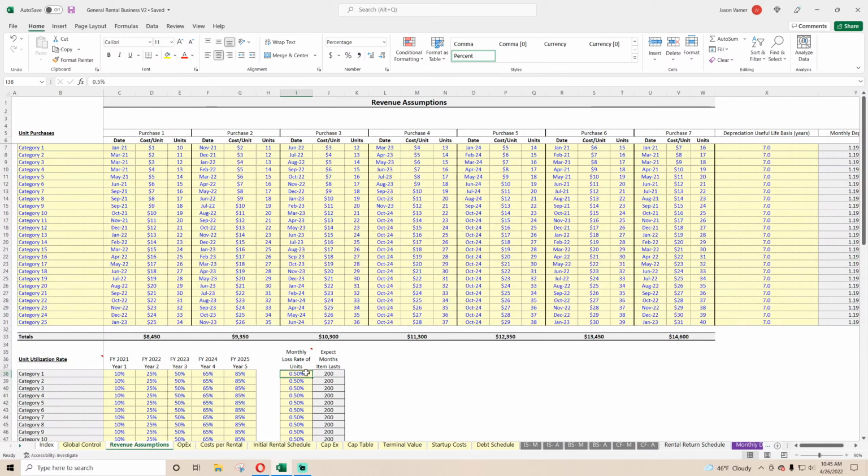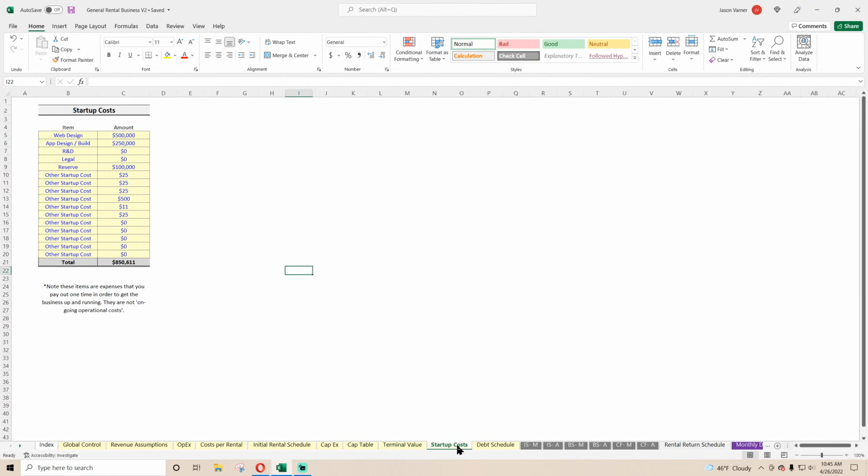So this percentage here defines how each unit depletes over time as far as its earnings power. So we're good here. I'm happy with this. All this logic is nicely intact.